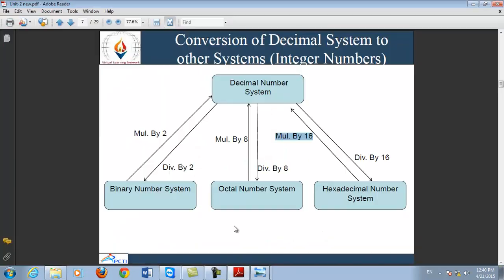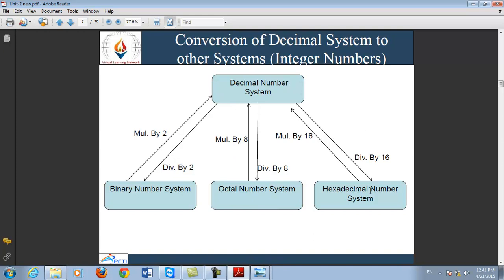This is the process of hexadecimal to decimal and decimal to hexadecimal conversion. You can see there are 4 number systems: decimal, binary, octal and hexadecimal. And you can convert any kind of number to any other number system by simply following this process. That is, to convert decimal into binary, divide by 2, reverse, multiply by 2. To convert decimal into octal, divide by 8. And to convert octal into decimal, multiply by 8.